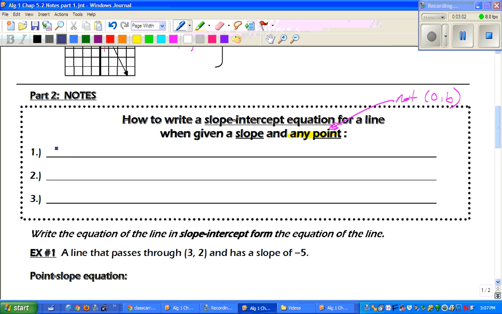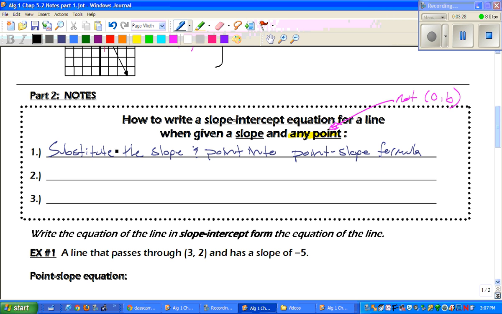The first step is to substitute the slope and the point into the point slope formula. This is going to be the only formula that you're going to need to memorize for this chapter.